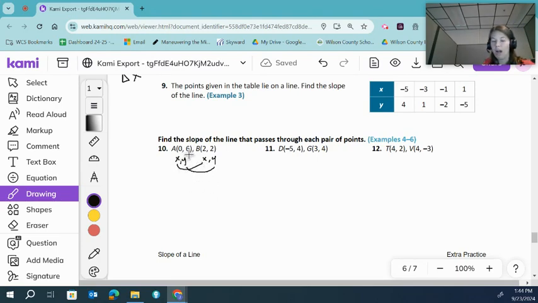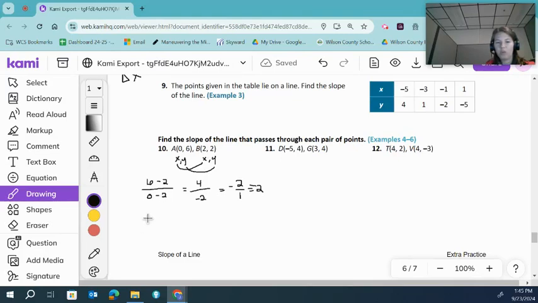My y values are 6 and 2, so the change in those would be 6 minus 2 over the change in my x values, which would be 0 minus 2. So I have 6 minus 2 is 4, 0 minus 2 is -2. So I have a change of 4 over -2, or -2 slope.